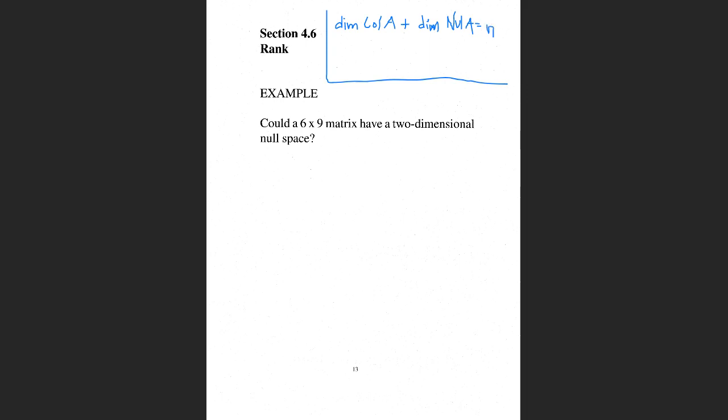And we're assuming we have an m by n matrix. So the dimension of the column space of A plus the dimension of the null space of A equals n. And incidentally, the dimension of the column space of A is known as the rank of A.